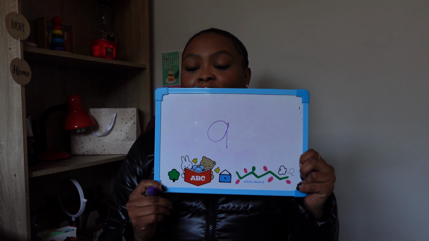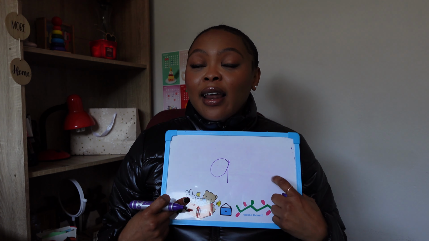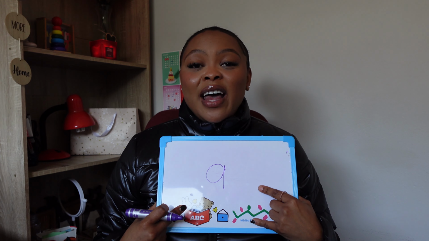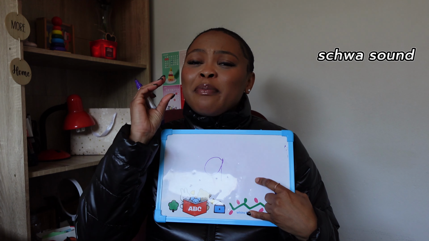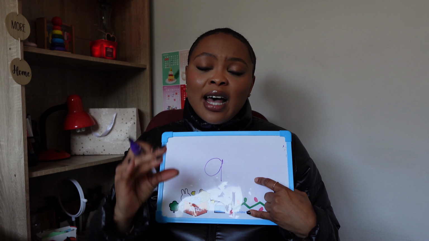All right, let's go to the third sight word. The third sight word is this one. Sometimes we say a, like for example, a cat is fat, but this is actually a schwa sound. And any schwa sound just makes one common sound.